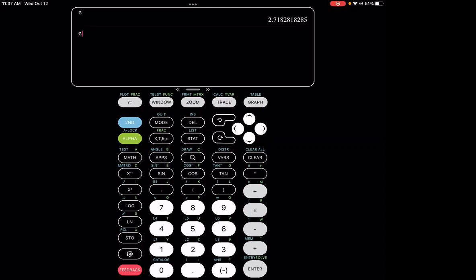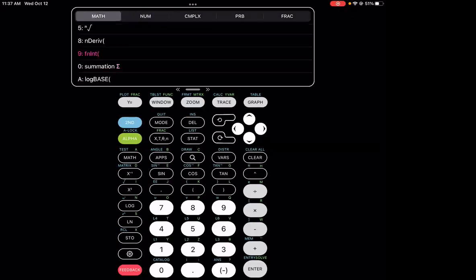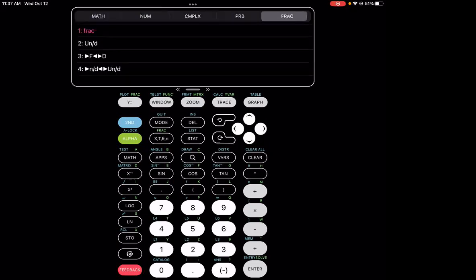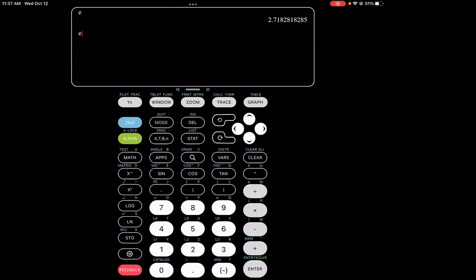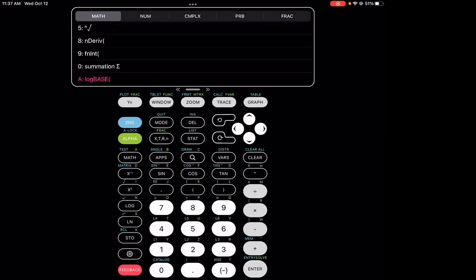If you go to math, the first option, you see fraction and all that. You can go all the way down, but I usually use the up arrow, because it's all the way at the bottom.